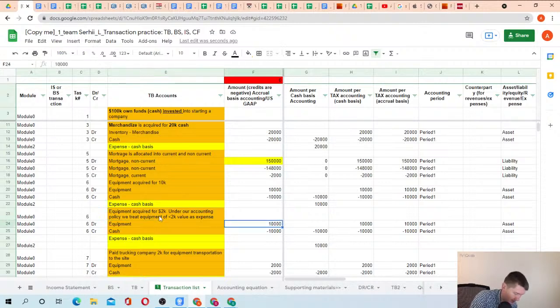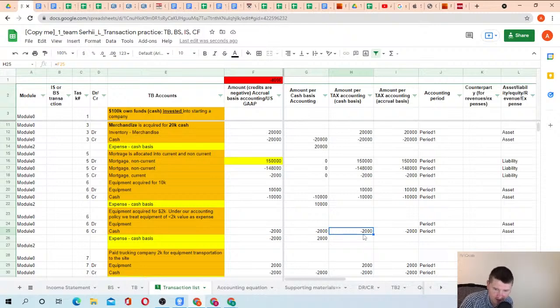But in that case, you just recognize outflow cash, 2,000, and you recognize it as an expense in your books. And same happens in the cash basis accounting.